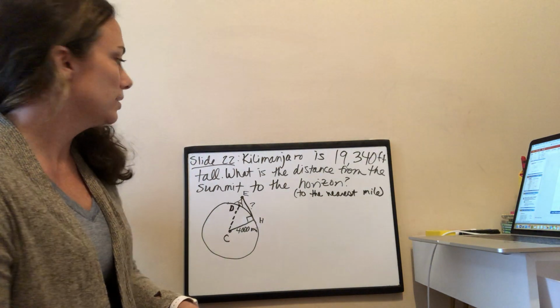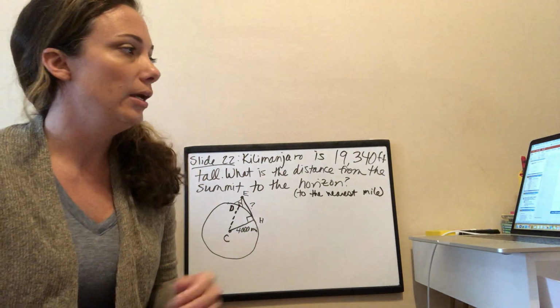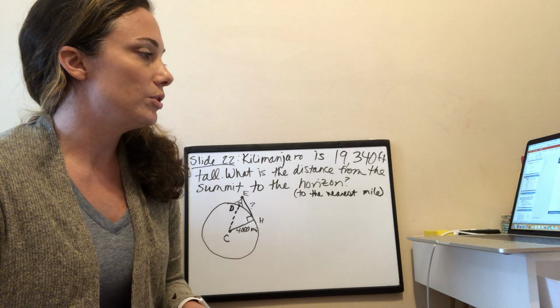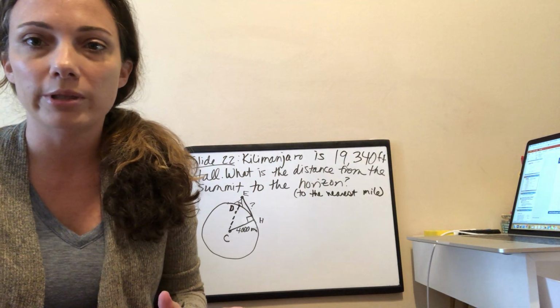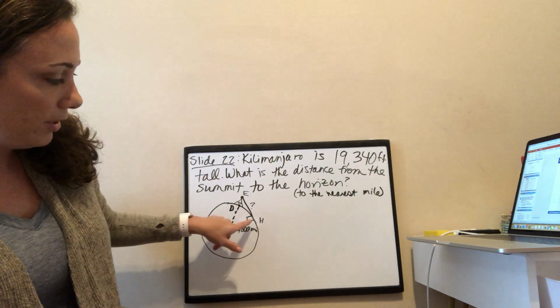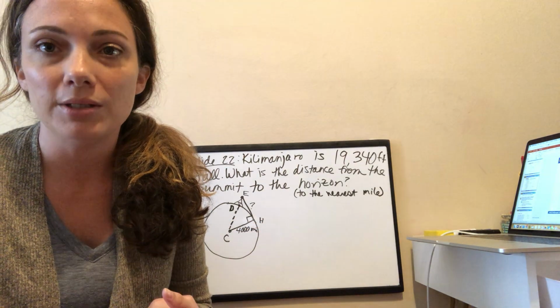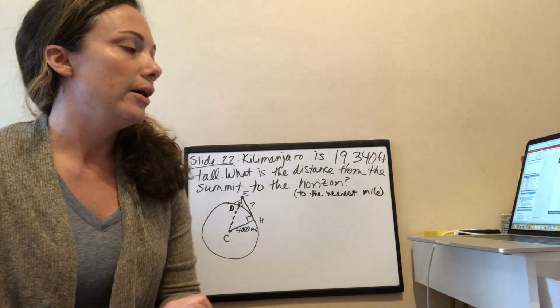So slide 22 of the PowerPoint, just to reiterate that theorem I was talking about with the tangent, says that that point right there of tangency meets at a 90-degree angle, which we all know means perpendicular, right?